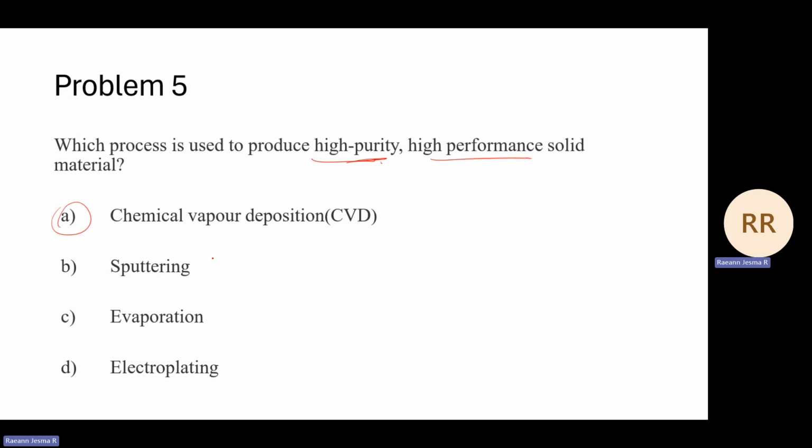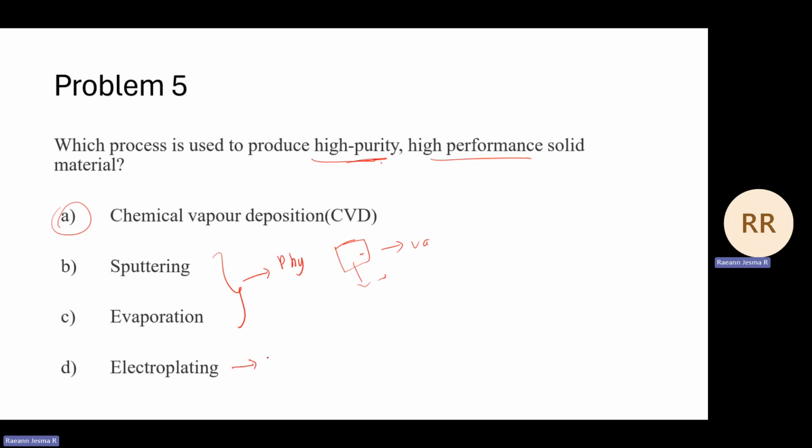In the case of sputtering and evaporation, we are doing physical vapor deposition, where we already have the solid material. We convert it into vapor, and that gets deposited on the substrate. So the purity will depend on the purity of the target material that you are using.